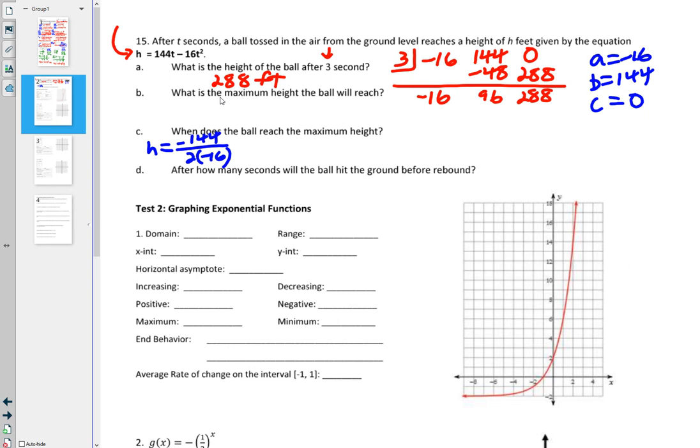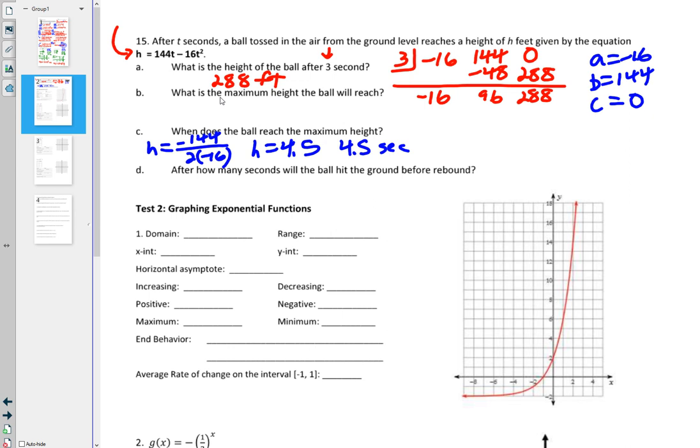But since this is a measurement, decimals are fair game here. So we'll go with 4.5. That actually ends up being the answer for C, and we're measuring in seconds, so 4.5 seconds. At 4.5 seconds, it'll reach the highest point.